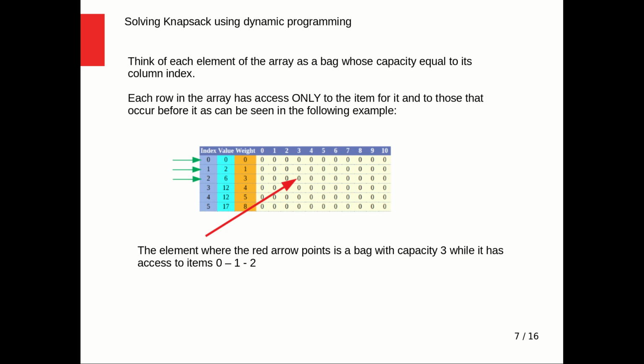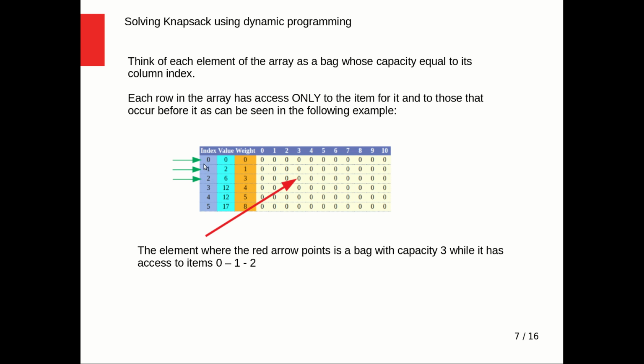So for example, the element that we can see from the row arrow points to a bag. This bag has capacity 3, because remember, this index is the maximum capacity of the bag, and it has access to 3 items, item 2, 1, and 0.